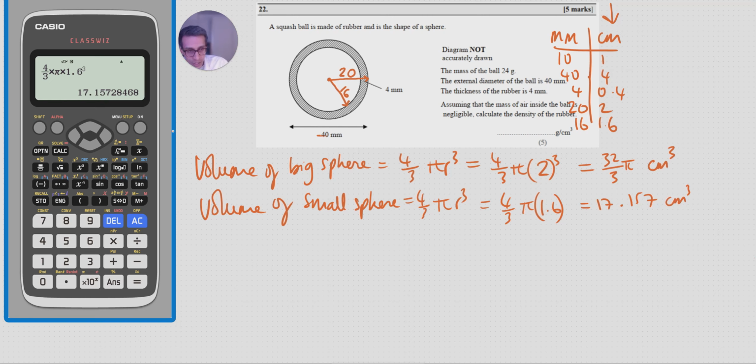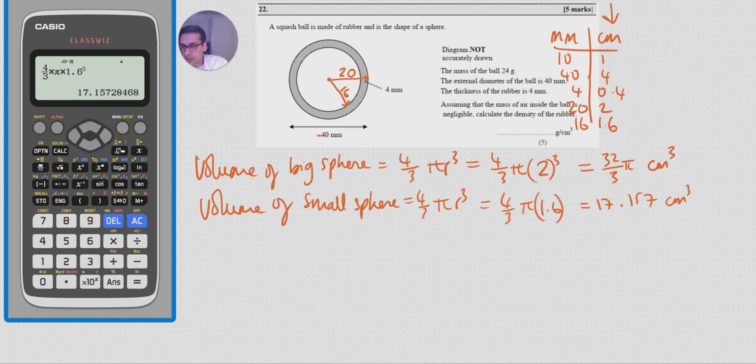I want to take away the 17.157 from 32/3 pi. So I'm going to press AC, fraction 32/3 pi, and then take away answer. Did not mean to do that.